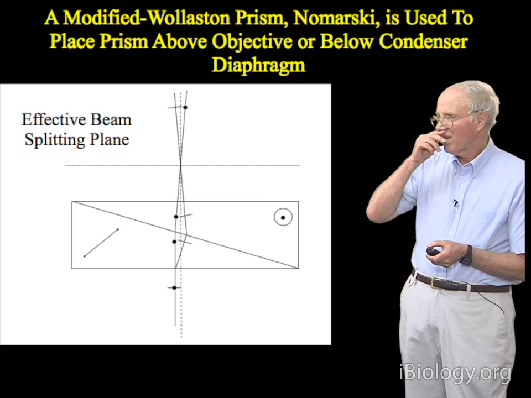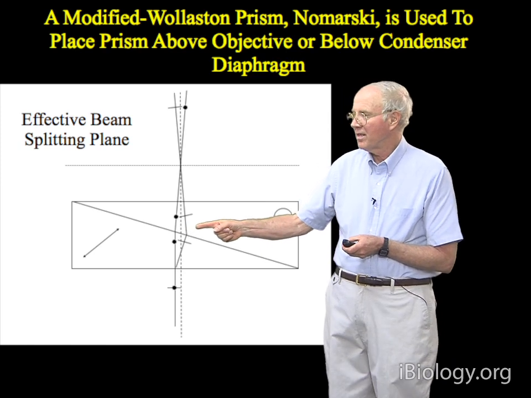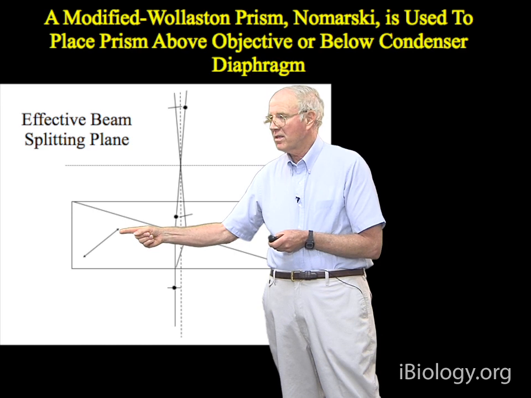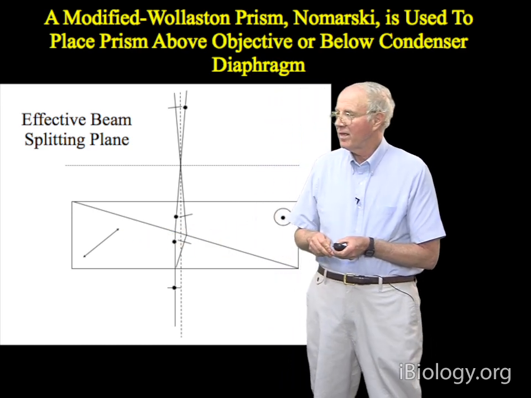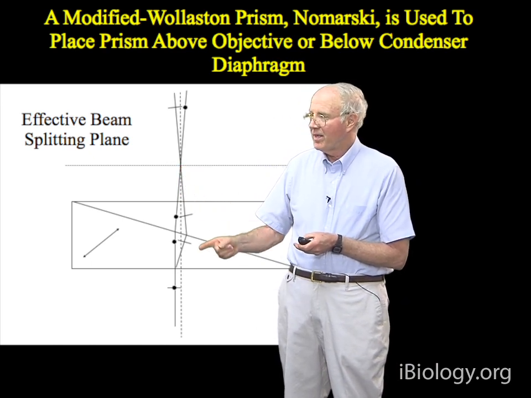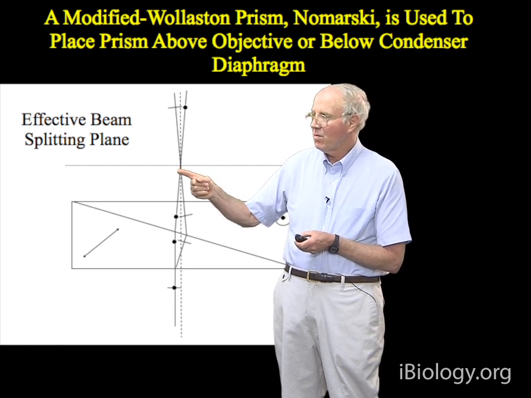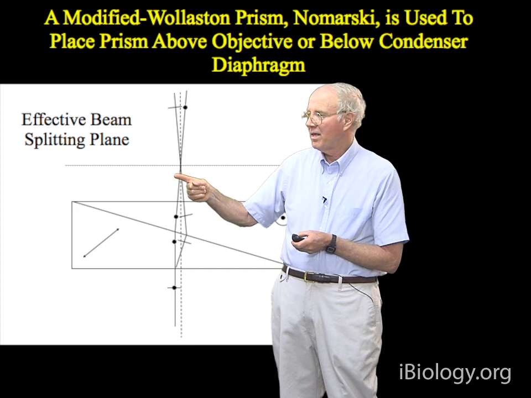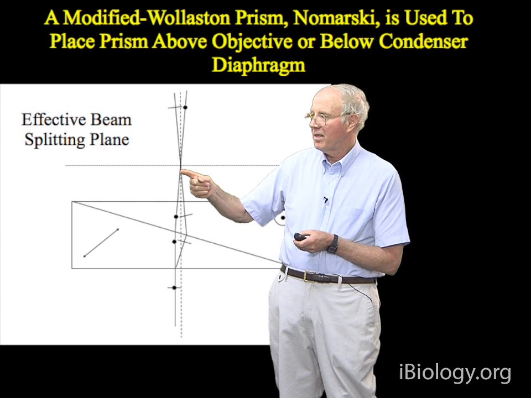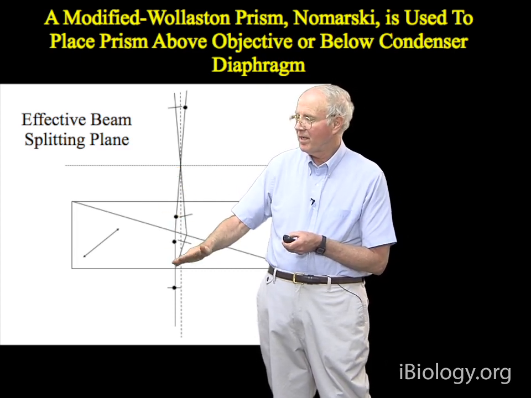Now, the Normarski prism, as I mentioned earlier, has one of the wedges cut with the optic axis, the crystallographic axis of the wedge, at an oblique angle, and that was a clever thing on his part, because that then put the effective focal point for the prism, where the E and the O beams would come together, into the back focal plane of the objective, while the prism itself was outside of the objective.